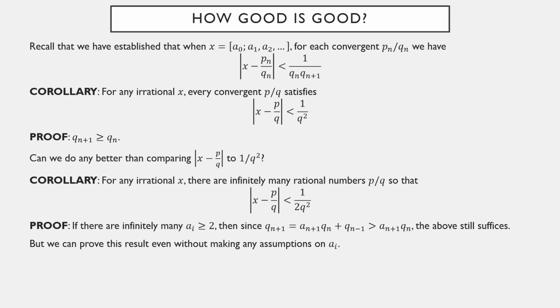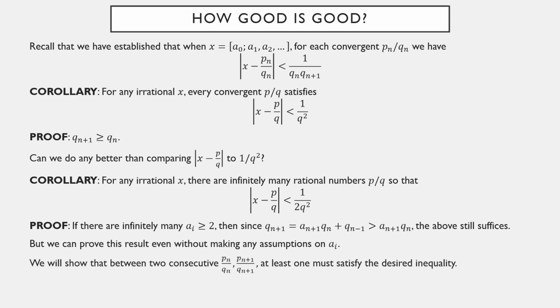But you can prove this theorem even if you don't know that there are partial quotients that are 2 or larger. So what we'll show is that if you take two consecutive convergents, at least one of them satisfies the inequality above.